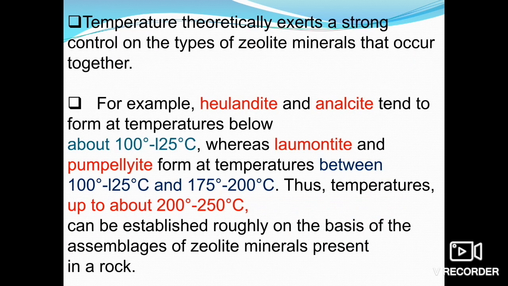And if we talk about temperatures, temperature exerts a strong control on the types of zeolite minerals that occur together.